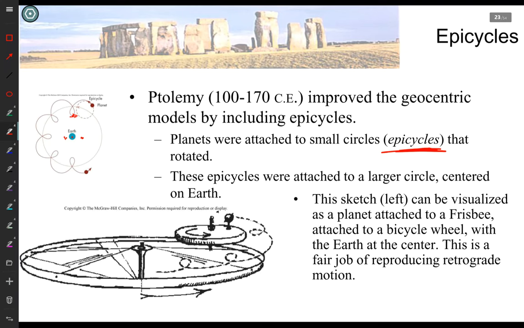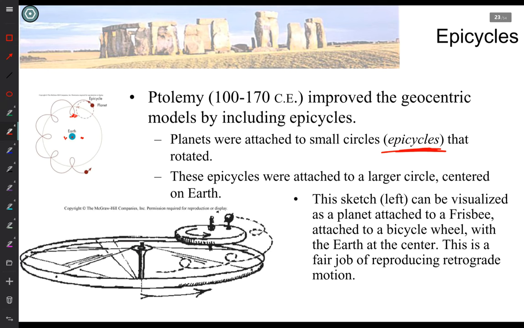One more thing he had to have. Mercury and Venus never get that far away from the sun when you look at them, in angular distance. You never have the sun over here and Venus and Mercury over there.